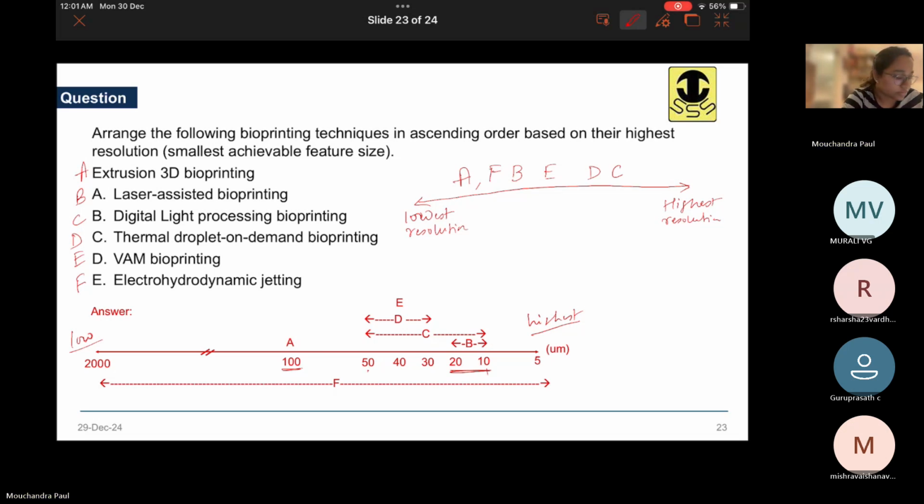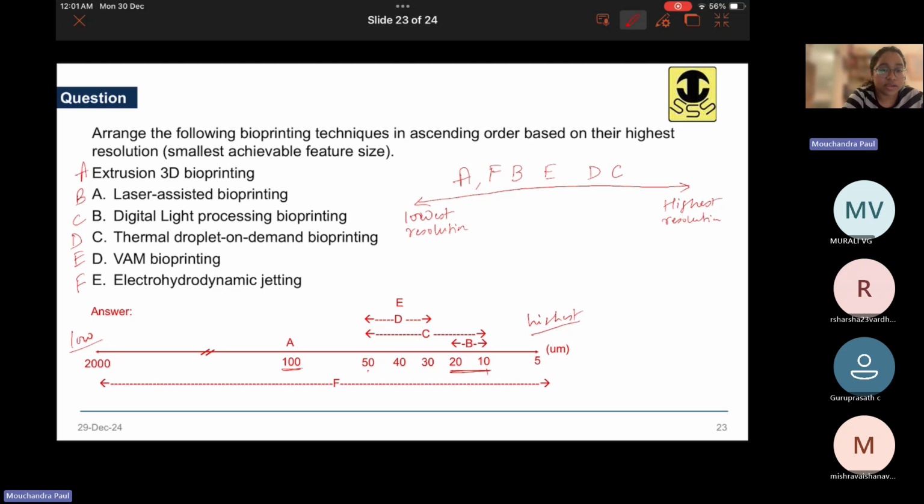But again, it depends on your bioink properties, the machine type you're using, light wavelength, and so on. There are many properties that come in here, but in literature, people have reported 10 to 50 micron for DLP bioprinting.